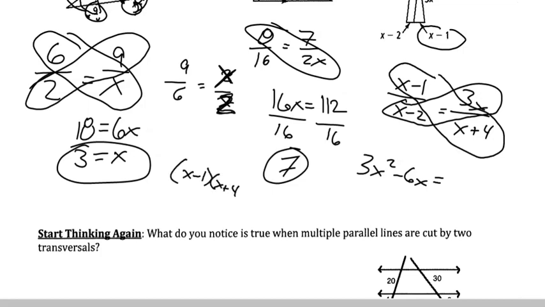So x plus 4. If I FOIL this, I get x squared plus 4x minus 1x minus 4. That's going to give me x squared plus 3x minus 4. Now, hopefully when I get everything on one side, the x squareds go away. Not so lucky.